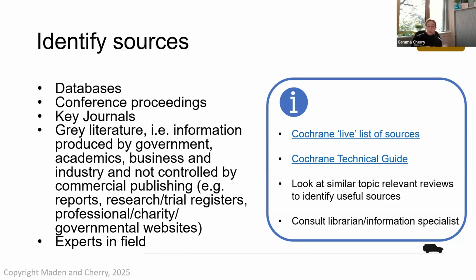If you're in a different discipline, you may rely on different sources of evidence, so perhaps governmental reports, photographs, web pages. There's lots of different types of evidence. And Cochrane have a live list of sources that can be a really helpful place to start when thinking about the kind of data that you may need to help you answer your review question. But this is an essential first step, because once you know the kind of data you need, you can then search for it.